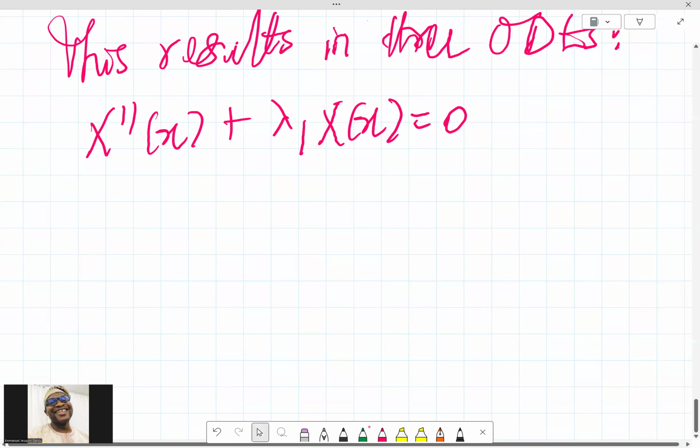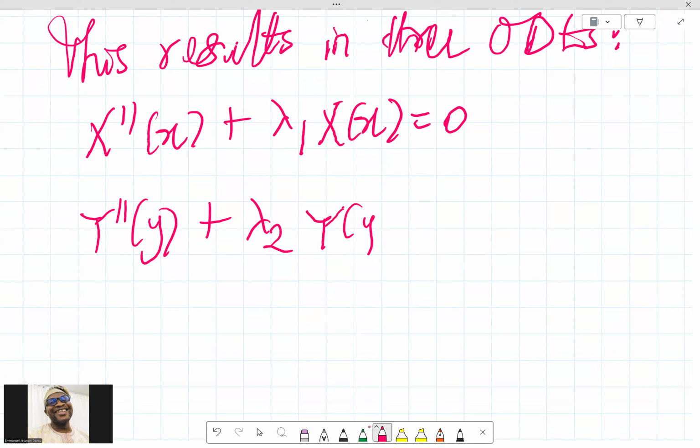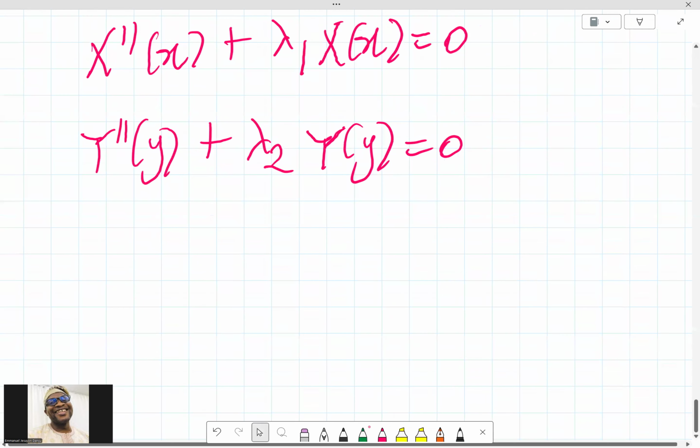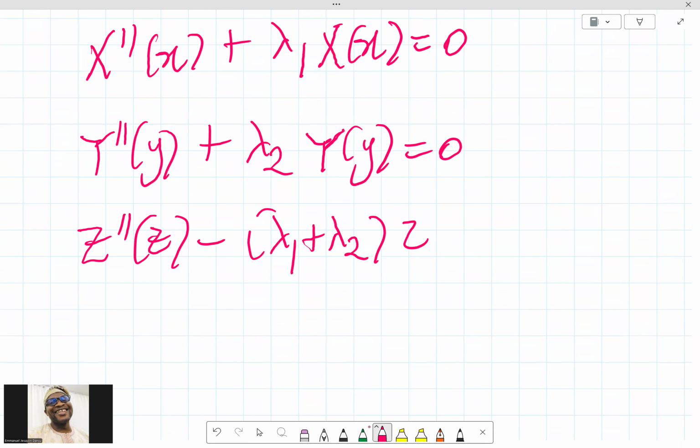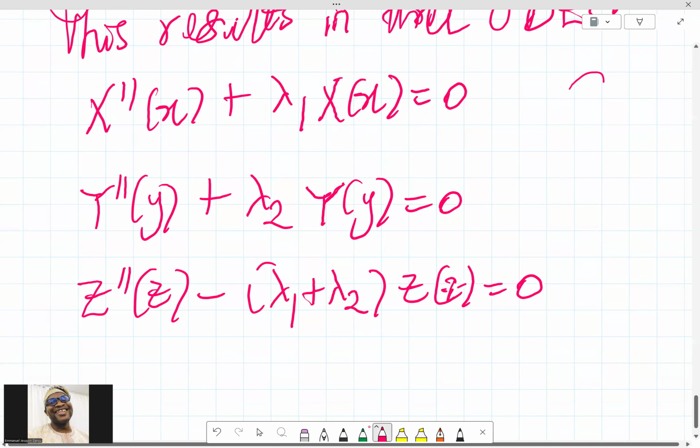Then we have Y double prime of y plus lambda 2 Y of y equals 0. And then we have Z double prime of z minus lambda 1 plus lambda 2 Z of z equals 0. So we have these three equations now.